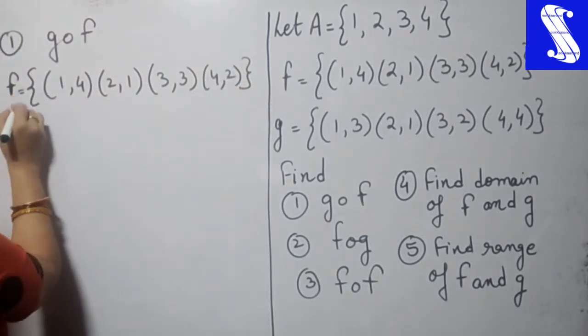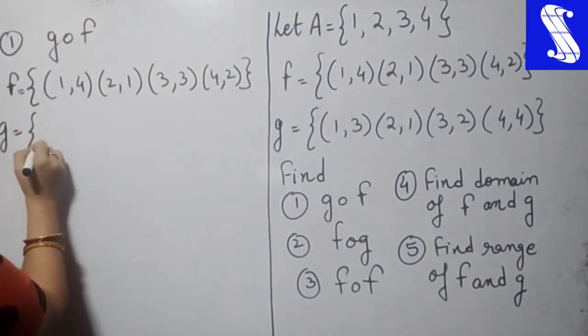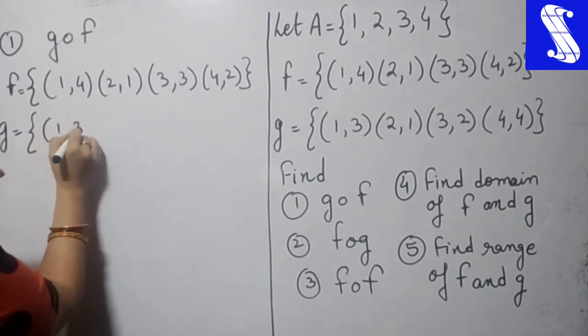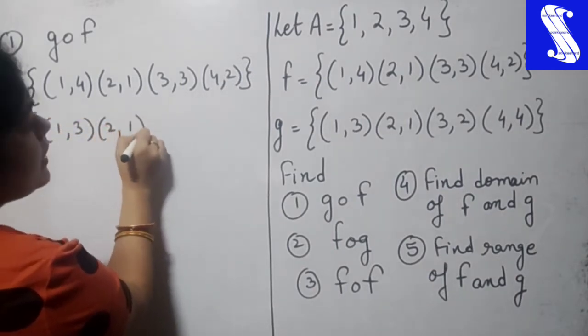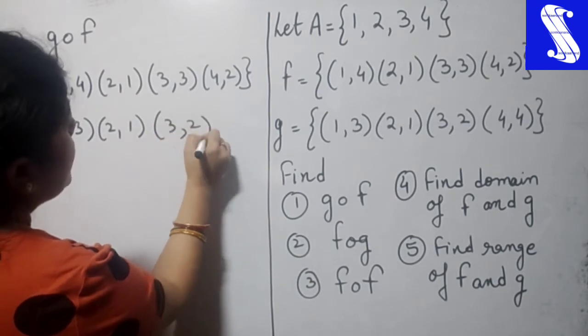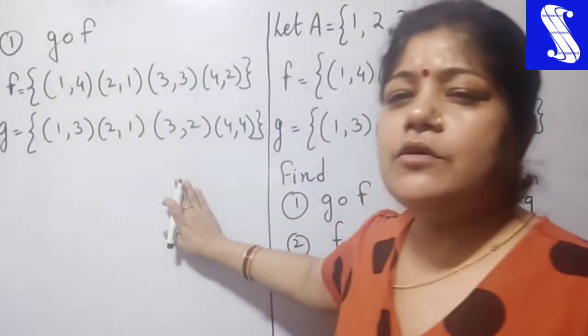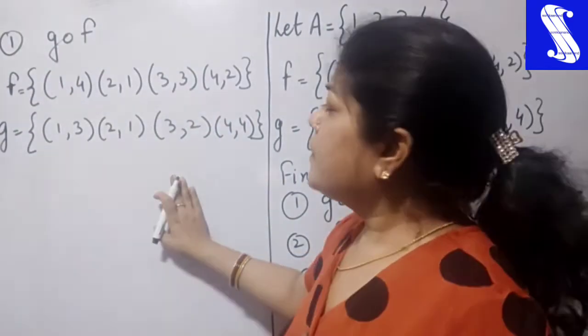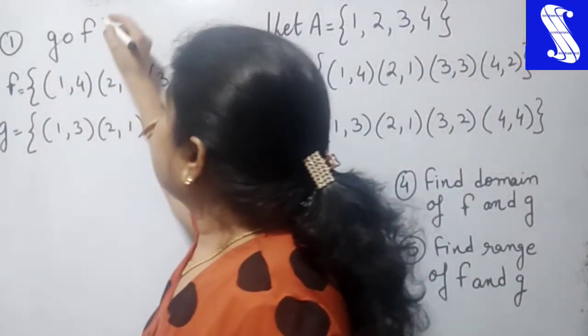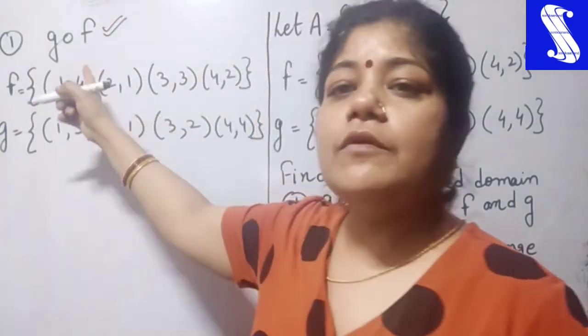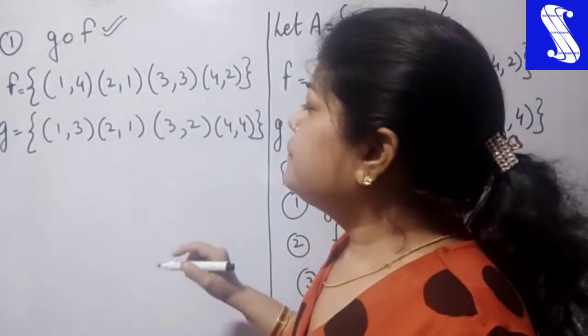And for G, we have the relations (1, 3), (2, 1), (3, 2), and (4, 4). Now just concentrate on this part of the blackboard. You have to find the value of the composition function GOF.